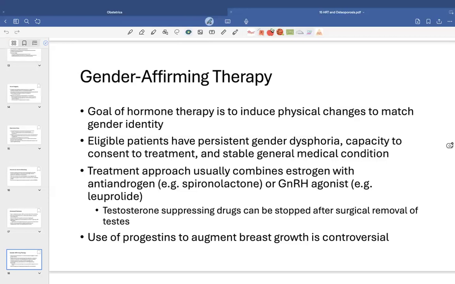And then the estrogens, for their feminizing effects, plus or minus progestin. We said that the progestins have a role in helping with breast tissue development, so that can be used in some cases of gender-affirming therapy for transgender women, but not always the case.